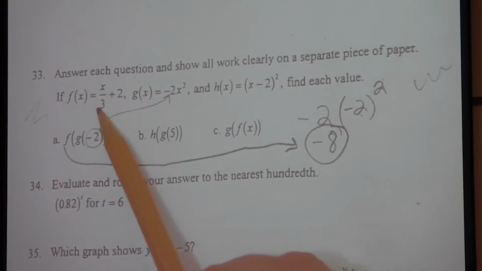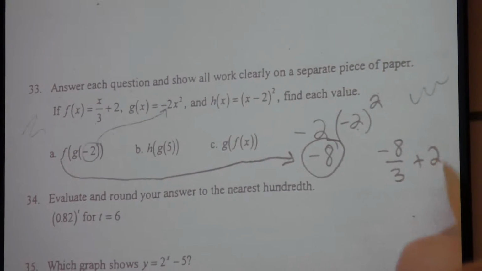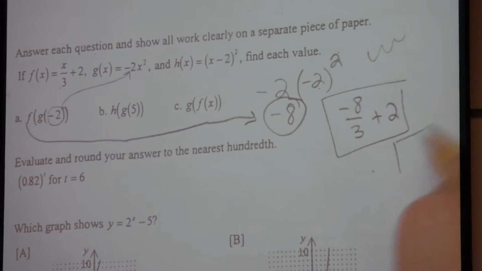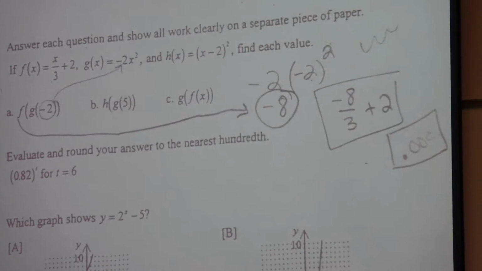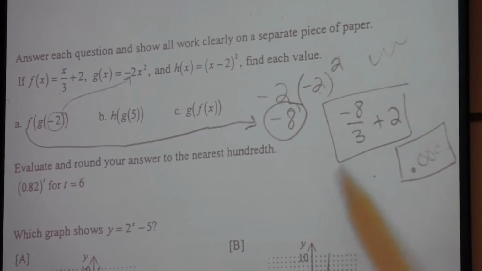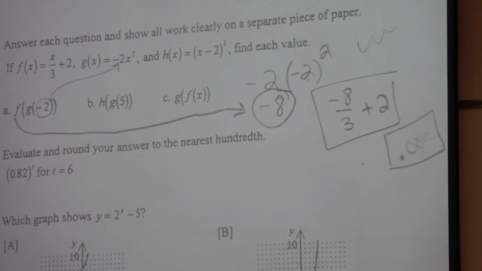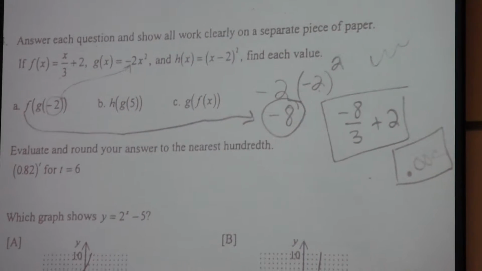So I would have negative 8 over 3 plus 2, and I could leave it like that, or I could put that in my calculator and get some really nice decimal answer, whatever it is. Or I could get a common denominator and make that be fractions. That would be good stuff too. Questions about those?